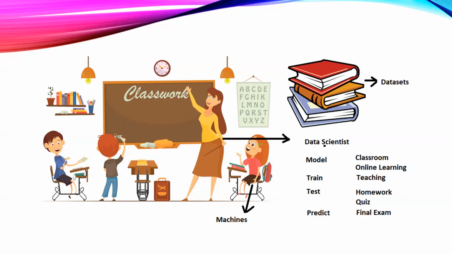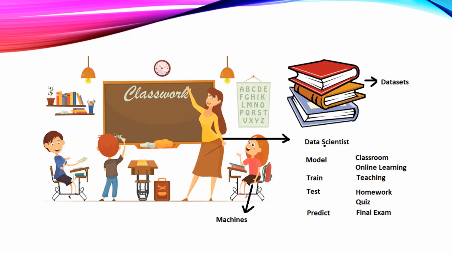You prepare it and you train, you are training the machine just like teaching. And then you will be testing the model to see whether you're doing it right, testing the model using homework, quizzes, things like that. And then finally, it is ready for predicting. You can predict with it.